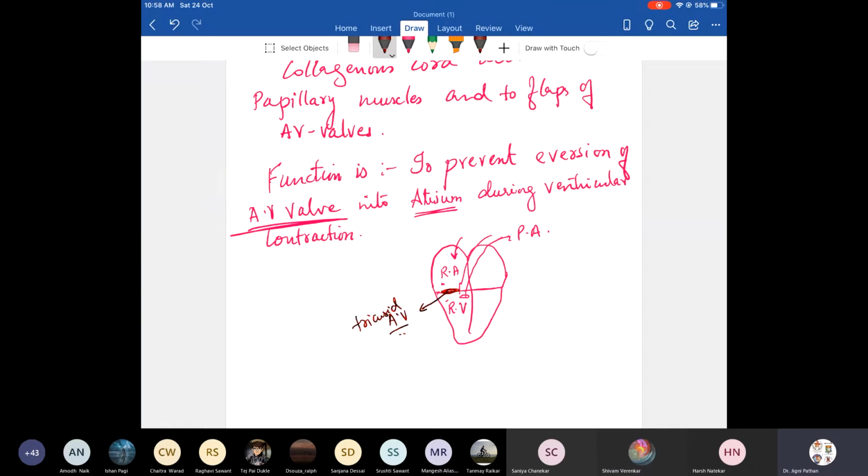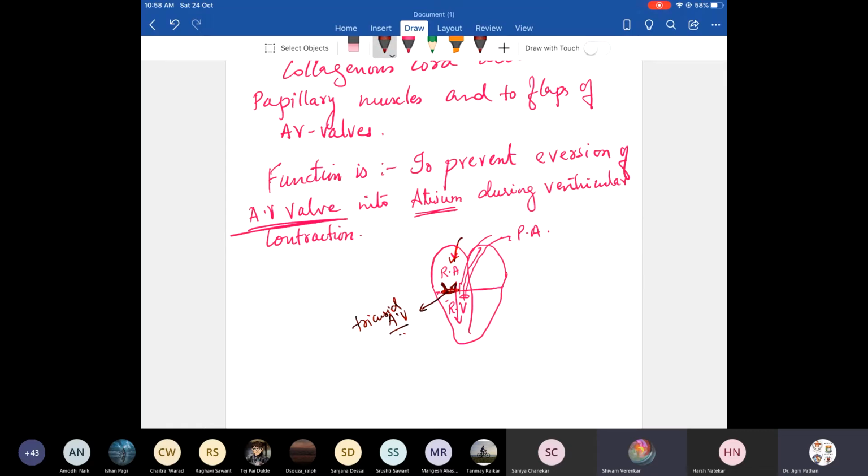When the auricle contracts, the blood will flow from auricle to ventricle. The valves get open, and the blood will come from auricle to ventricle. But when the ventricle contracts, the blood will go into the pulmonary artery. But when the ventricle contracts, this tricuspid can go into the auricle and open.